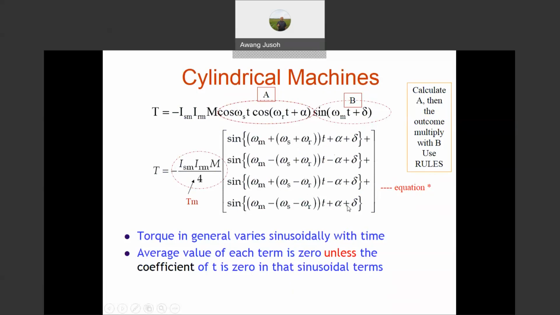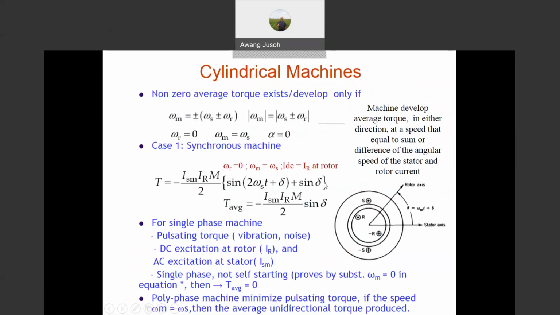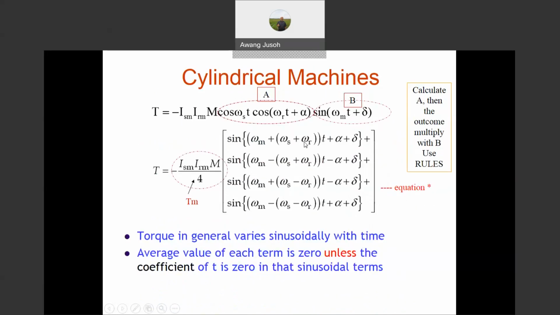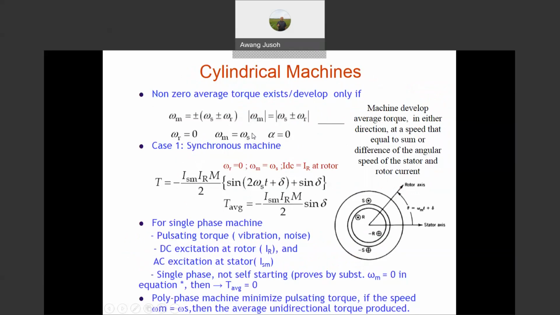Okay, so based on that, we know that in order to find non-zero torque, you need to equate each of these coefficients to 0. If you take omega m plus omega s plus omega r equal to 0, omega m minus omega s plus omega r equal to 0, and so on, then we can have this kind of equation, where we know that in the cylindrical machine, the non-zero torque will be produced when the speed of the motor is at a particular frequency.